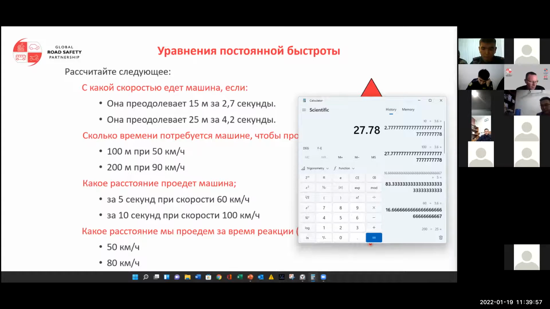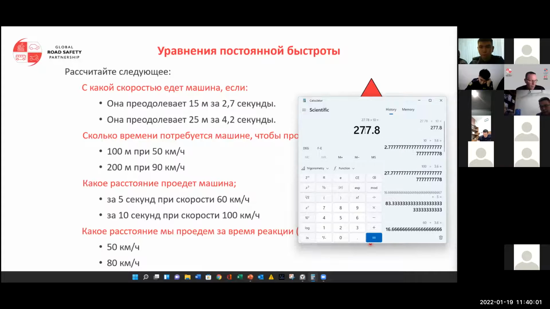So at 100 kilometers per hour, in 10 seconds, you will travel nearly 300 meters.